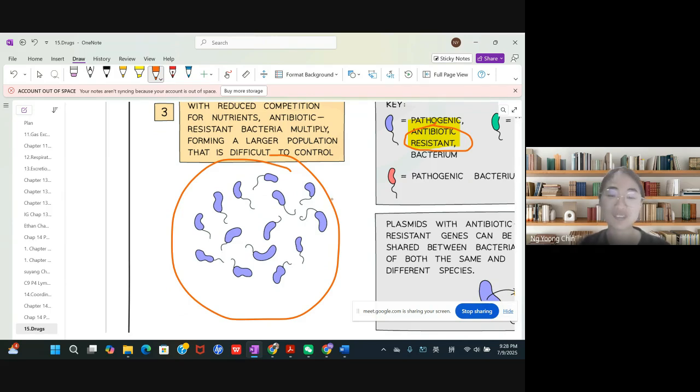So you encourage your body to develop a bacterial population which is totally resistant to the antibiotic. If the next time the doctor prescribes you the same antibiotic again, this same antibiotic now cannot control the infection, because all the bacteria inside your body are already resistant to the antibiotic. They already have this gene. So that's why the doctor needs to change to another antibiotic treatment.